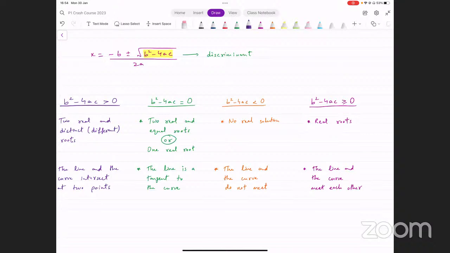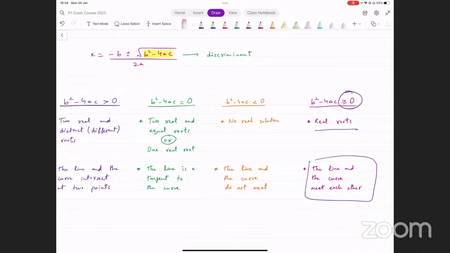This could also be another possibility in this last case. Graphically, that would mean the line and the curve meet each other, but we don't know at how many points. It could be 1 point, it could be 2 points. So that's why we say it could be the first case or the second case. So we write it like this: combined greater than or equal to 0.